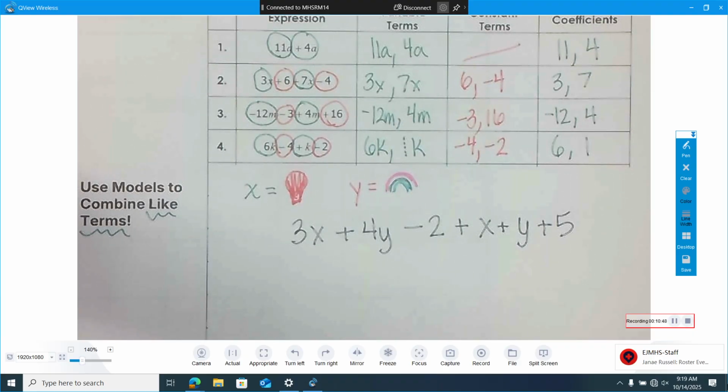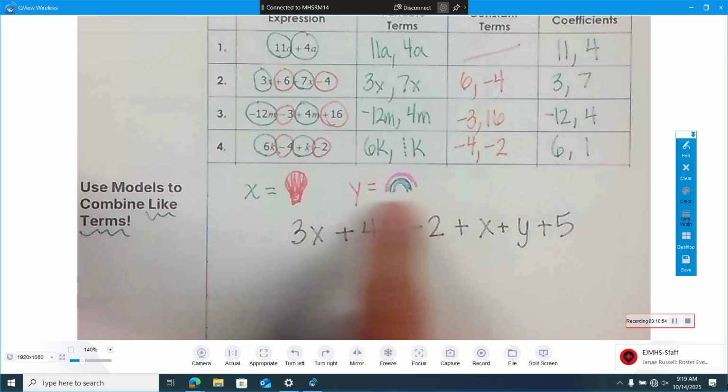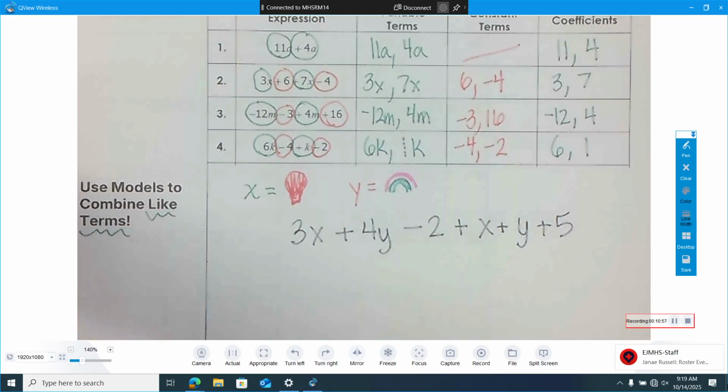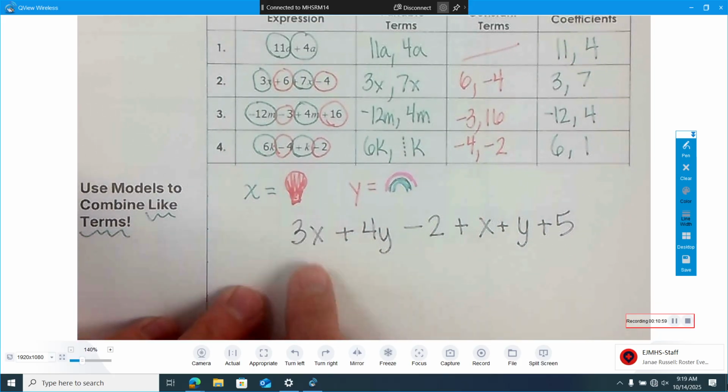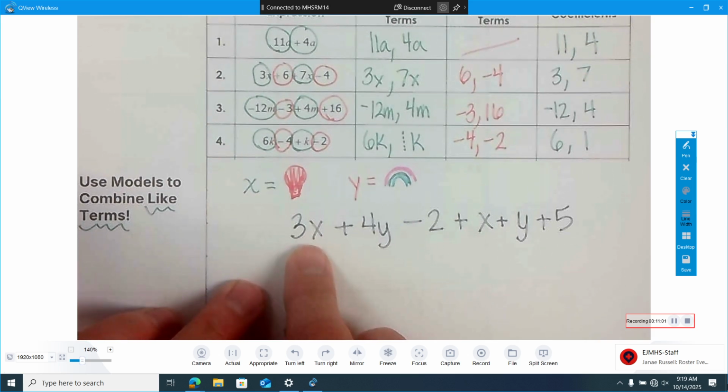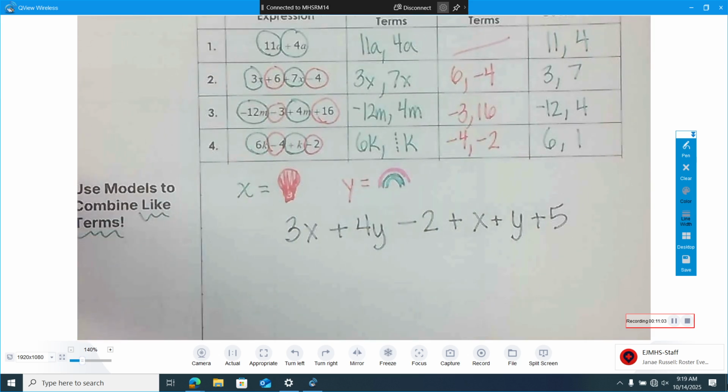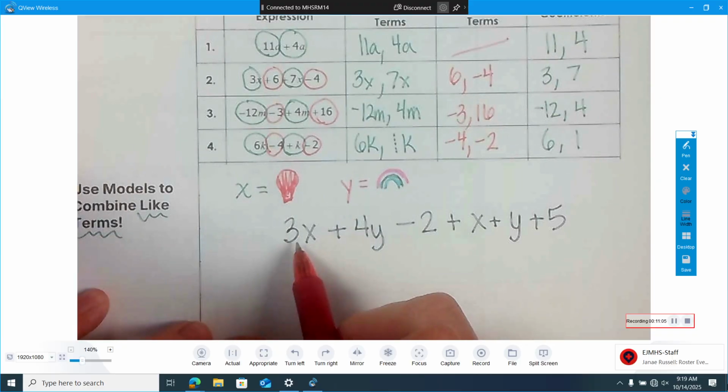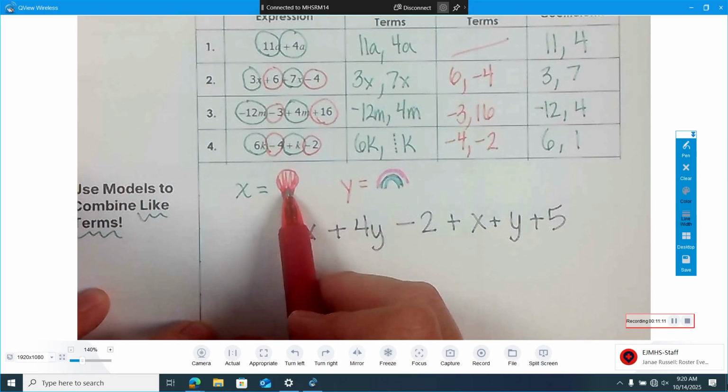This is a big, long algebraic expression. And what I want to do is I'm just going to represent it using my little key here. And so I have 3x. What should I draw to represent my 3x's? What was x? 3 little red balloons. Okay?